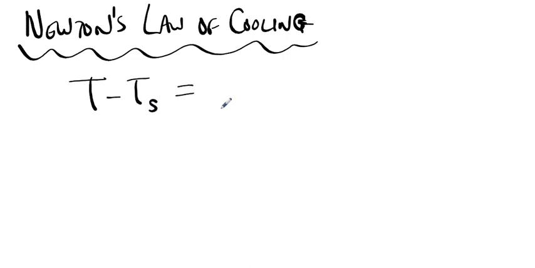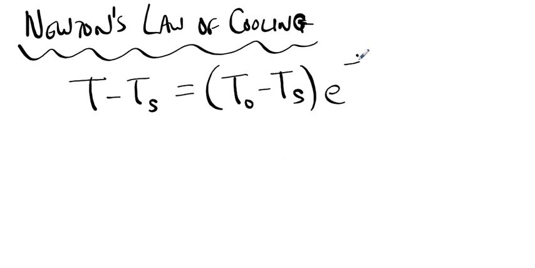That quantity is equal to the original temperature of the object minus the temperature of its surroundings times e to the minus kt. This is Newton's law of cooling.